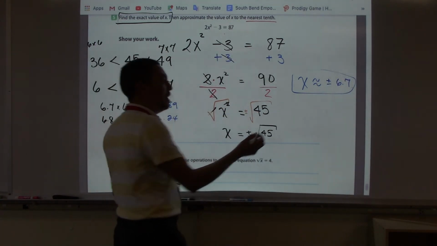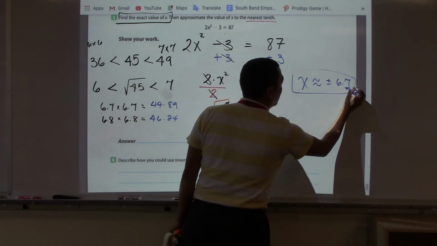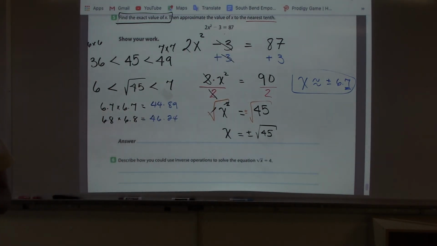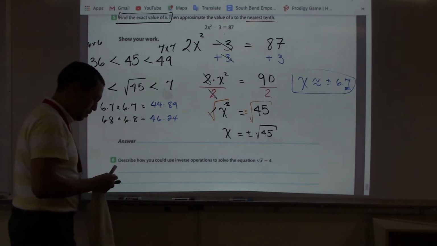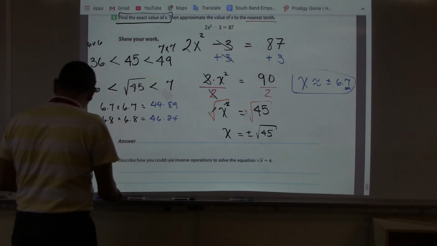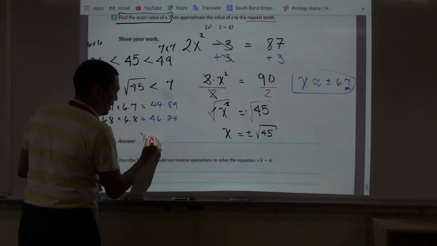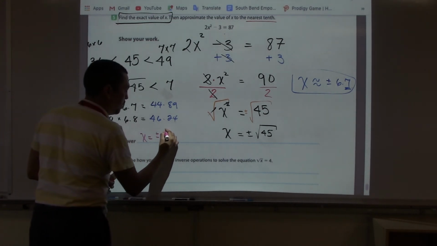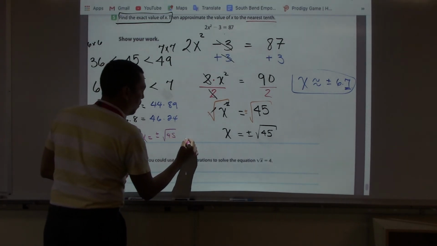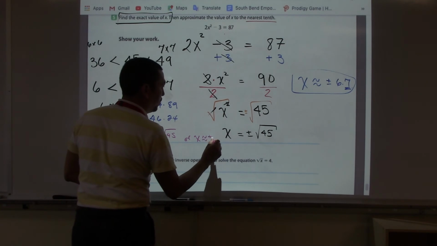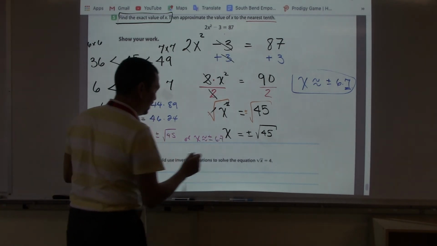That's the approximation to the nearest tenth, which means we only have one digit to the right of the decimal point. Then you answer the question: x equals plus or minus the square root of 45, or x is approximately equal to plus or minus 6.7.